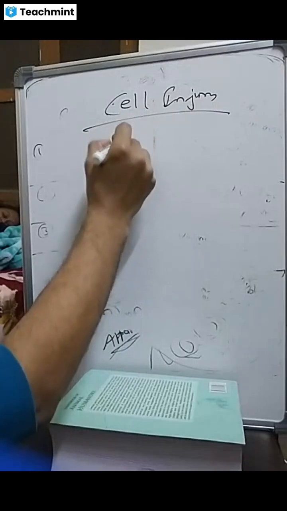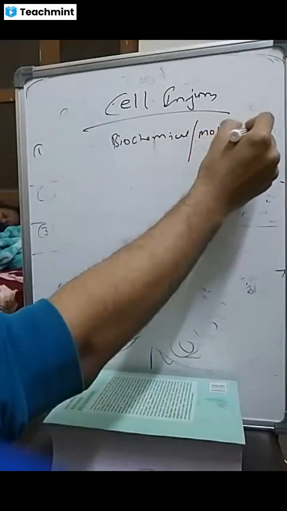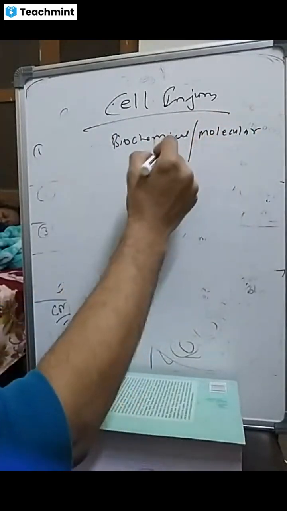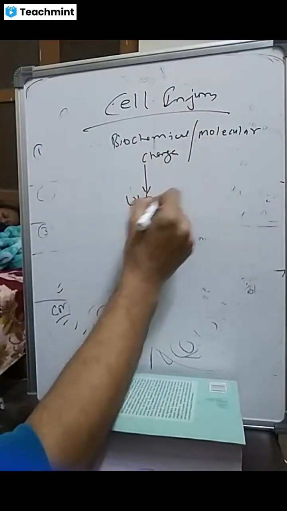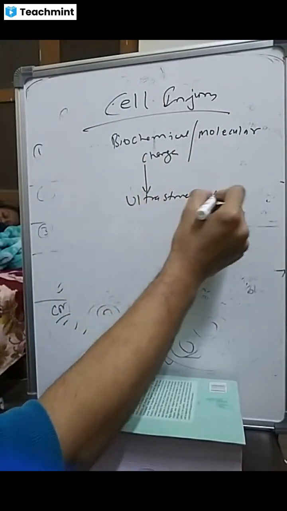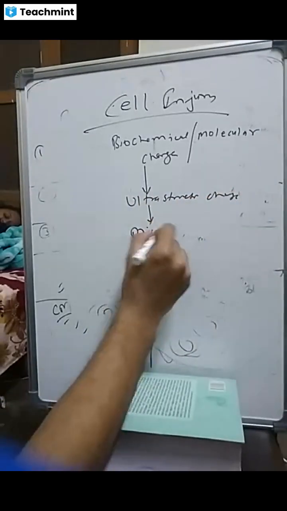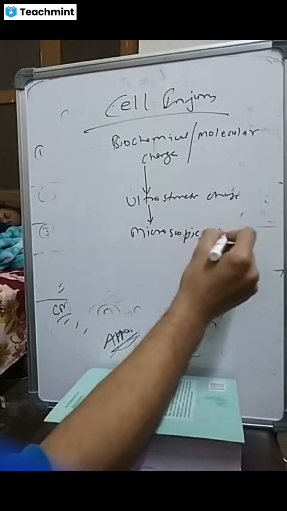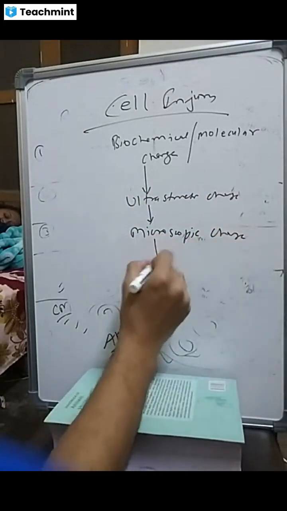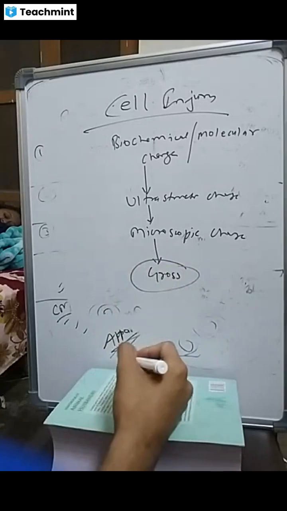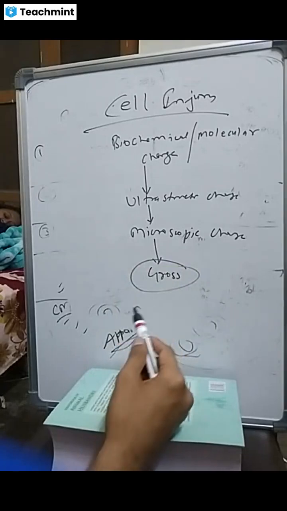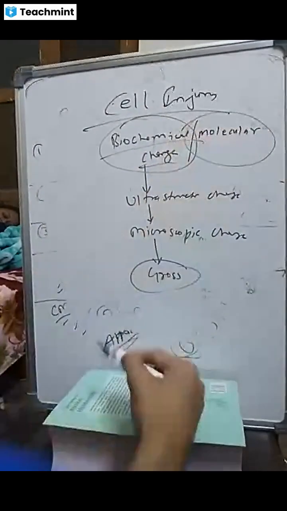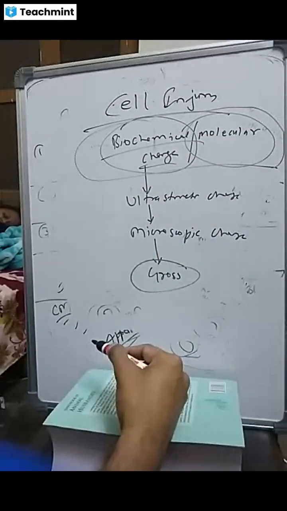One is biochemical or molecular change, then ultrastructure change, microscopic change, and then we come to the gross. The first change in case of cell injury is the biochemical change, also called molecular.